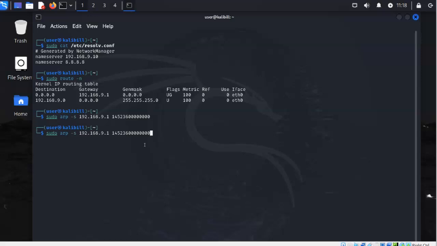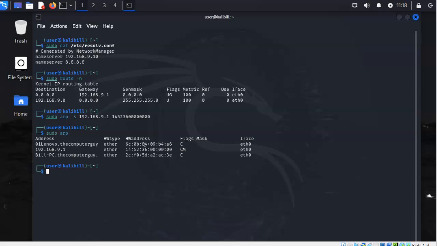And if we do arp again, it's back here somewhere. Look at that. This is not the right MAC address anymore. So that means I've lost internet access. If I ping google.com, I'm going to get nowhere. I just poisoned my ARP cache so I can't get to the internet anymore.